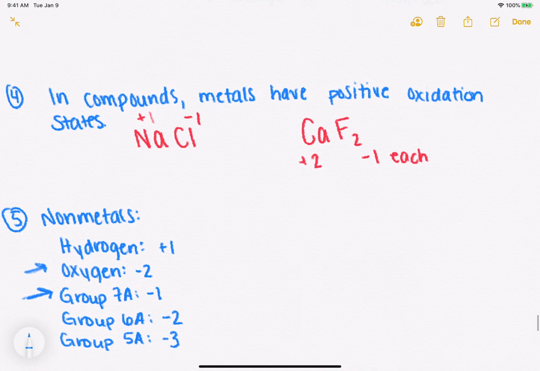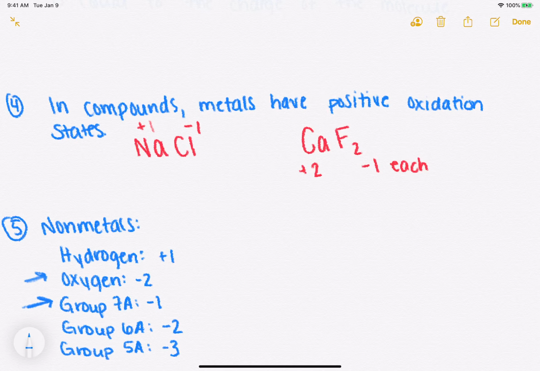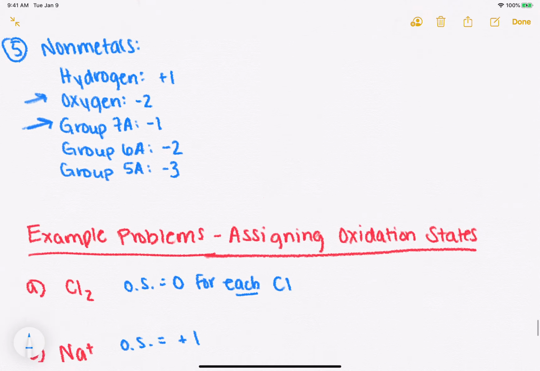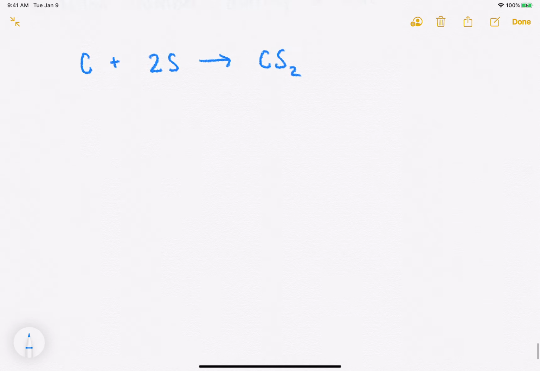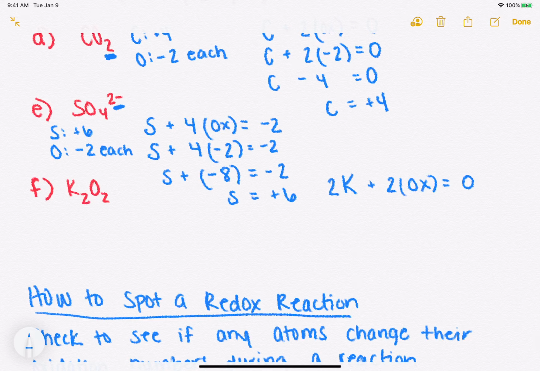So then we go back up to our rules. Rule number 4 is metals have positive oxidation states. So that means that our potassium is going to come first, and that will have a positive oxidation state. And so now we have to solve for the oxidation state of our oxygens.